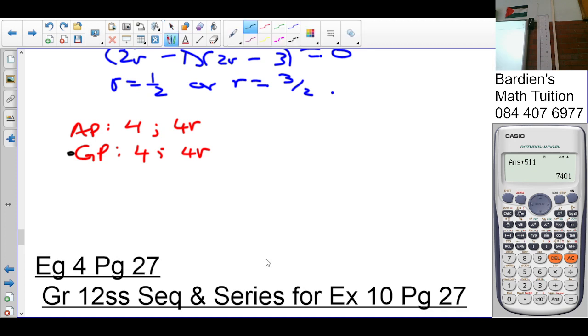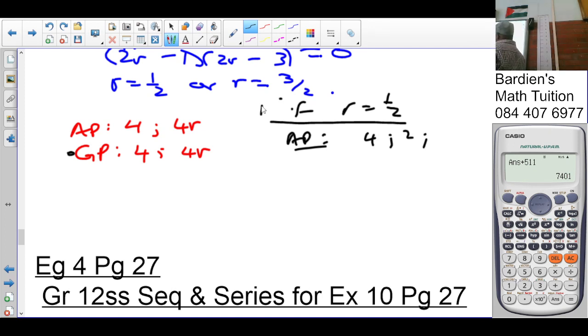If r is equal to a half, okay, then for the AP it's going to be 4, 2, and then how do you move from one term to the next? I'm subtracting 2, so it's going to be 0.